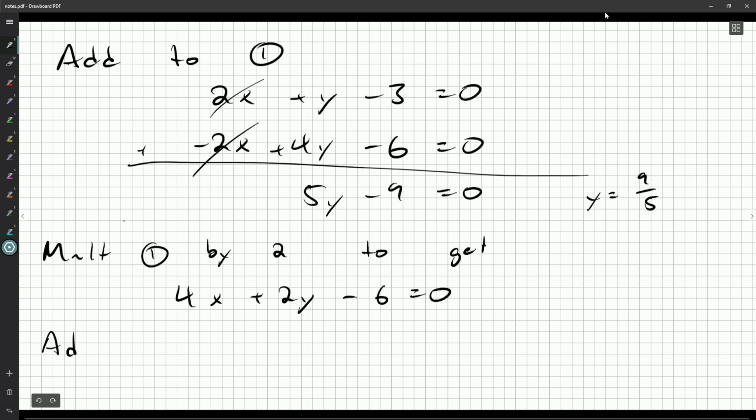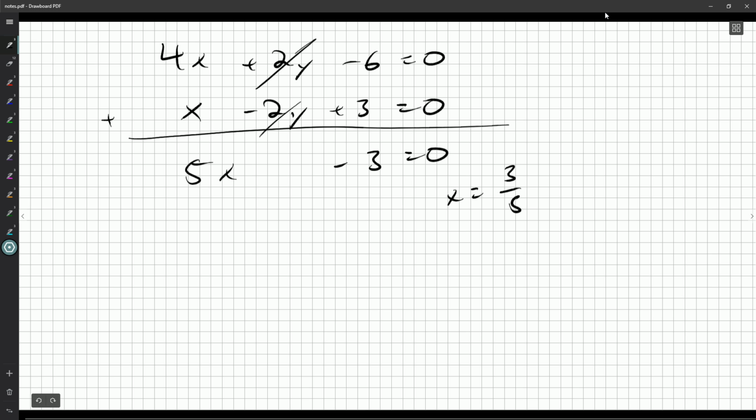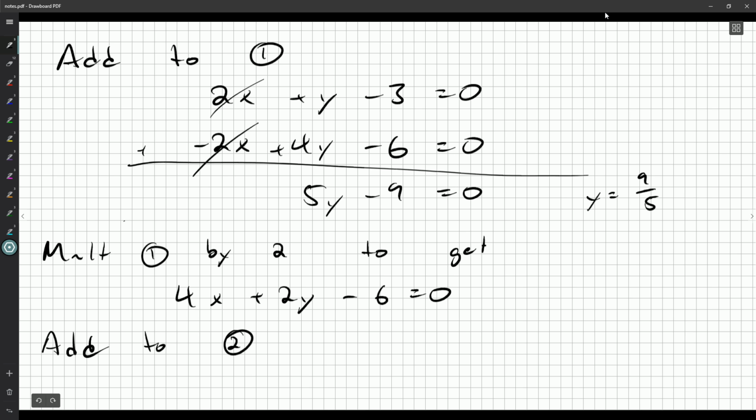And I'm going to add that to the original equation 2, which had minus 2y. That's the whole reason I did that. So now if I add these up, the y's cancel out. And I get 5x minus 3 is 0. So x is 3/5.